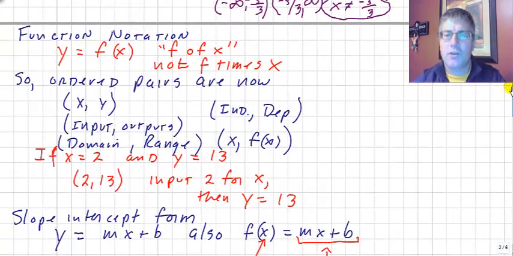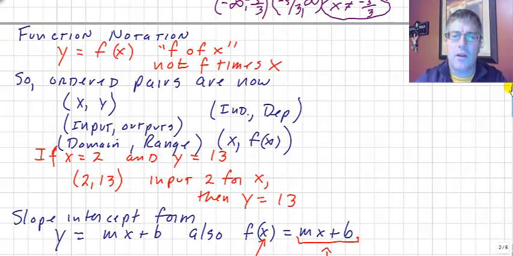Let's take a look at function notation. I think function notation is kind of cool. Function notation is just a fancy way of saying y. In function notation, y is f of x. And we call this f of x, not f times x.